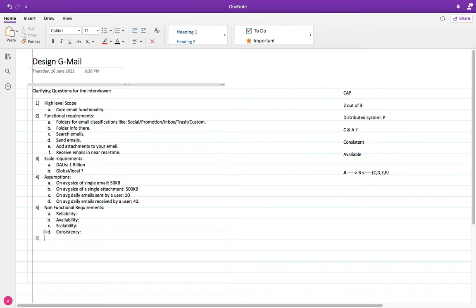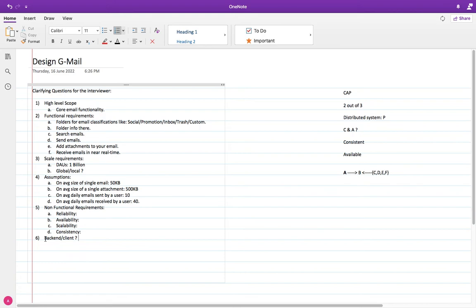Next, what? We have discussed scope, functional requirements, scale requirements, assumptions regarding scale, and non-functional requirements. What next? Usually I ask these extra questions as well: whether we are building a backend system or we are actually supposed to optimize clients as well.